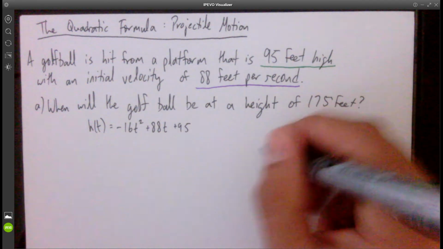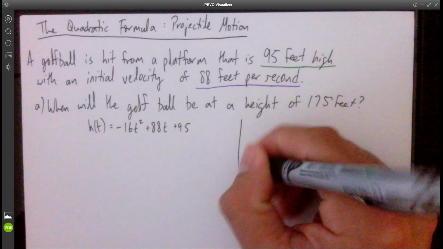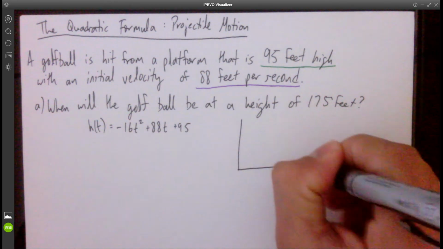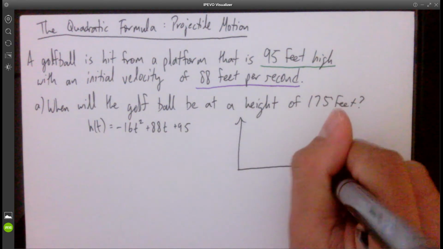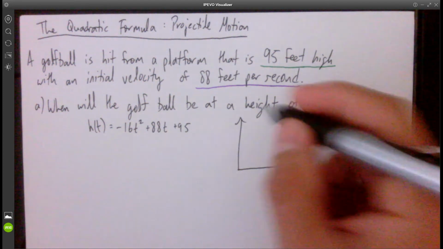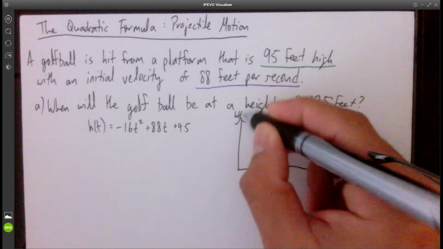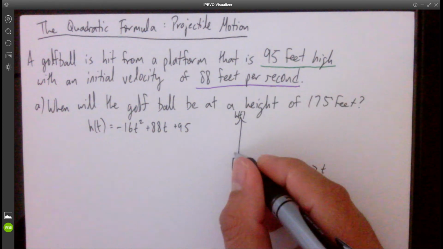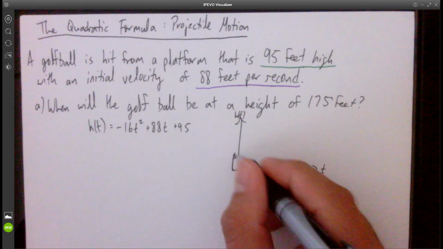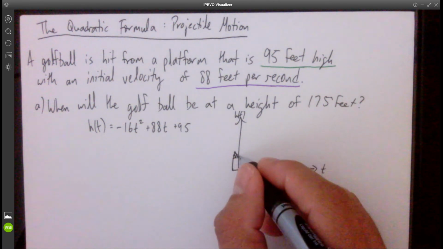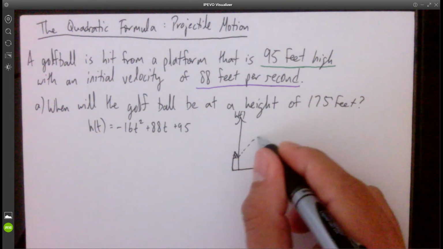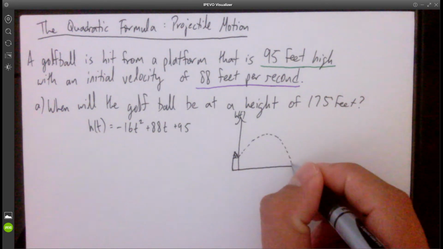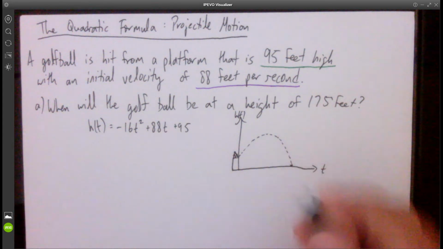So if I were to draw a picture of this, it would look something like this. This right here is our axis. This is t, which represents time. This right here is h of t, which represents height. Here we have this platform and this golfer. He just hit the golf ball, and it had an initial velocity, and then it hits the ground.